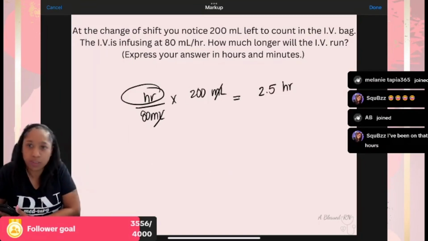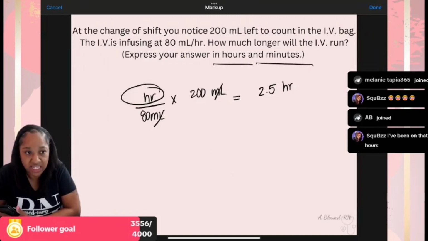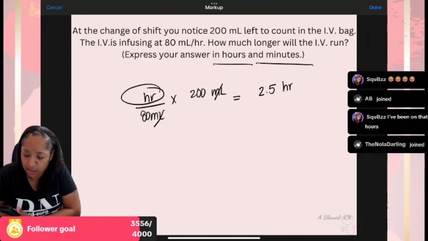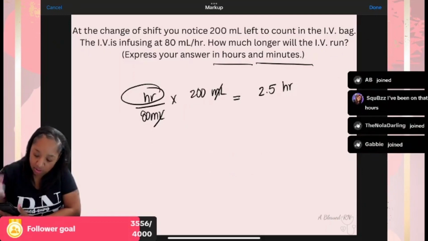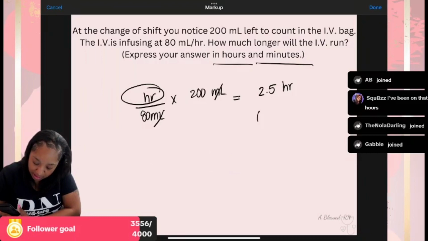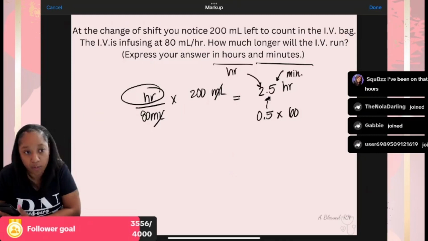The problem is asking that we give it in hours and minutes. So when we have a decimal, we can convert the decimal part of the number to minutes. You simply multiply that 0.5 part times 60, because this is going to be your minutes and this is going to be your hours.